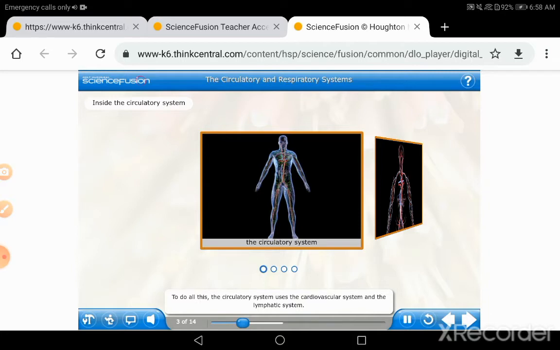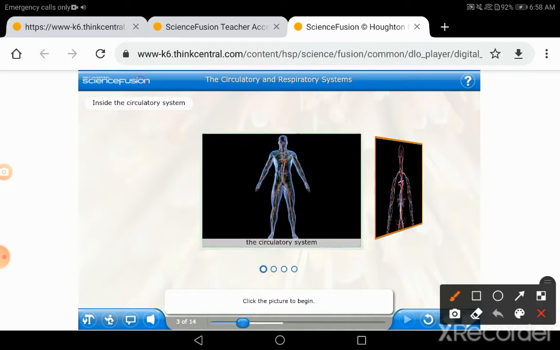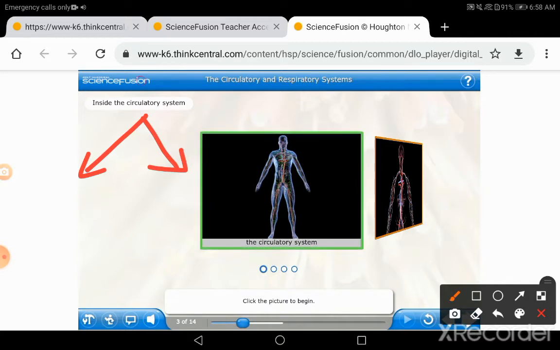Yes, the circulatory system uses the cardiovascular system and the lymphatic system. So the circulatory system includes two systems. When we say circulatory, it moves around your body.